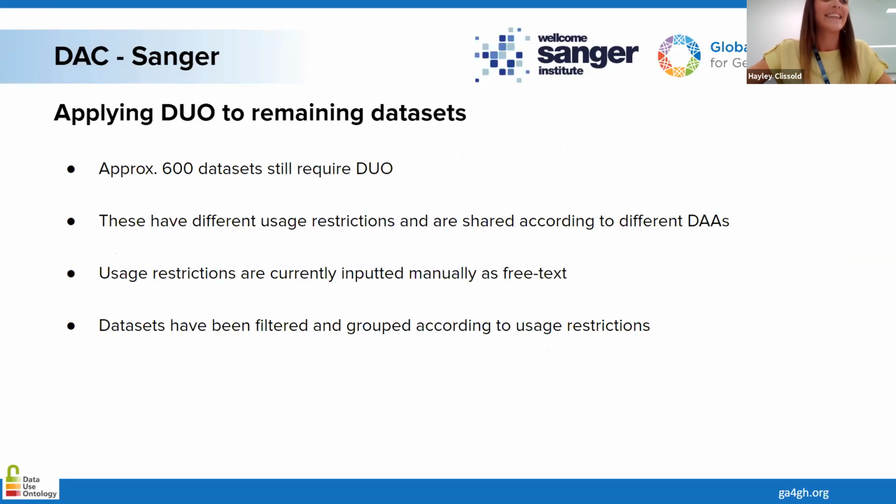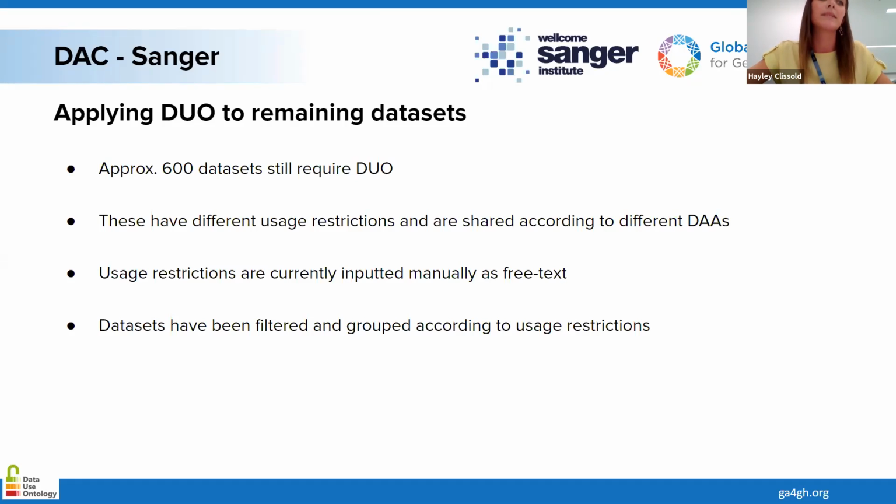Next slide, please. Thank you. So we still need to apply DURI to the remaining two thirds of our data sets, which is around 600. These ones are a little bit more tricky because they fall under 7 different data access agreements, and they have different usage restrictions. And these usage restrictions are currently inputted as free text. So we need to go through each of these individually to apply DURI to the data sets.